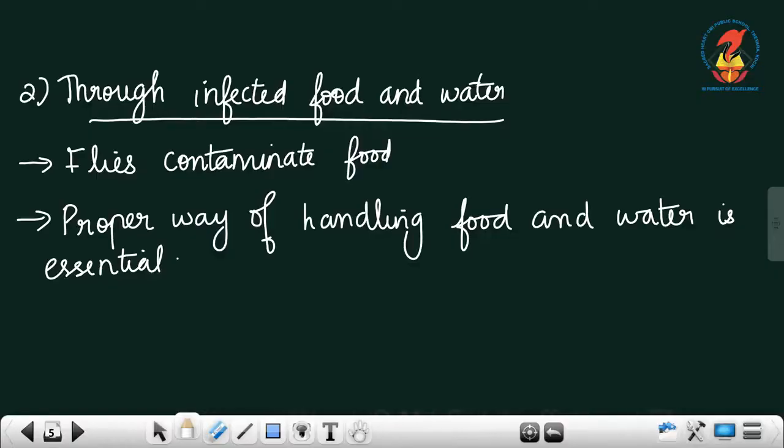The second way is from infected food and water. Normally, mosquitoes or flies or cockroaches have a habit of sitting on decayed food items or waste materials.